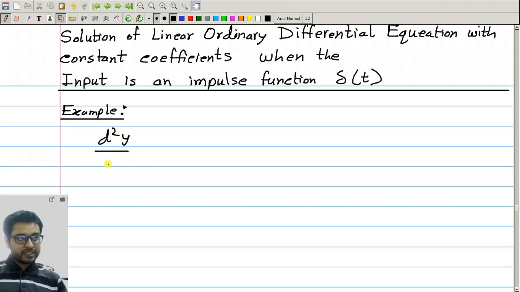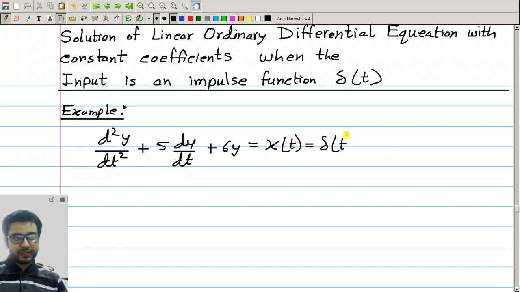Suppose this is a given differential equation where the input is given to be delta t in the question, and also the initial conditions are given.